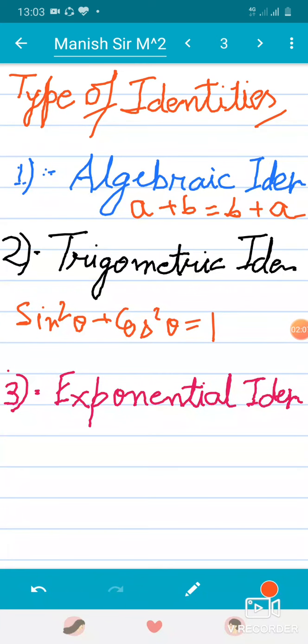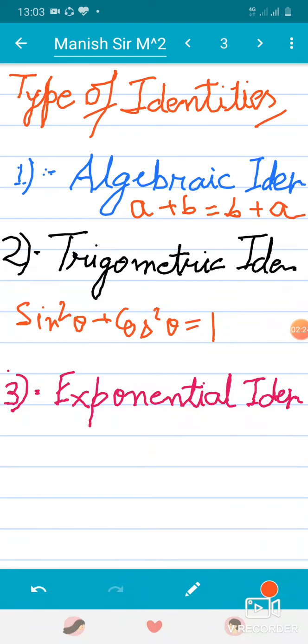This is an identity because the value of the left hand side is always equal to the value of the right hand side. This is a universal identity, used in trigonometry: sine square theta plus cos square theta is equal to 1.